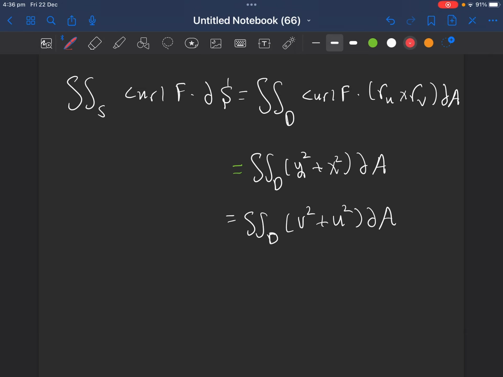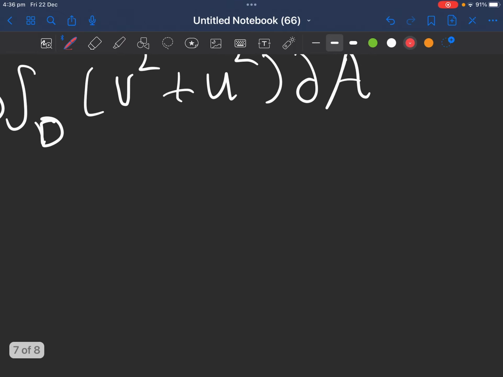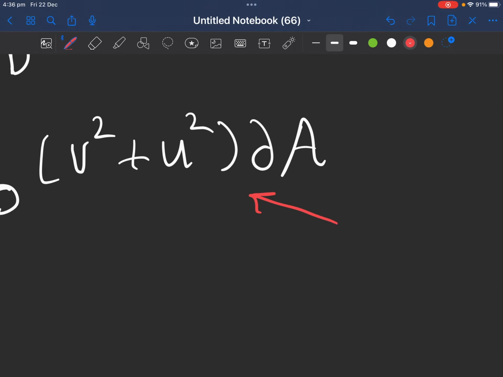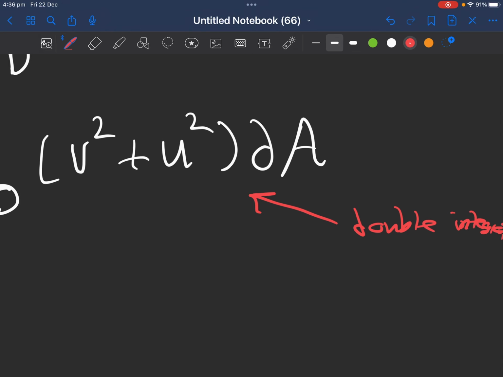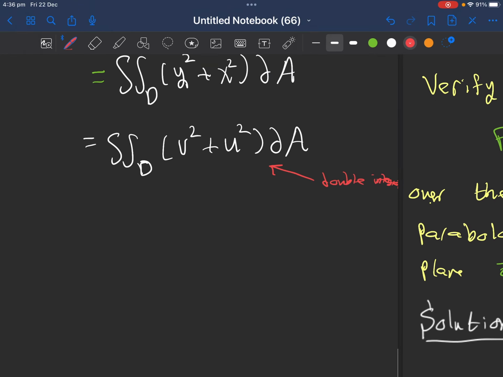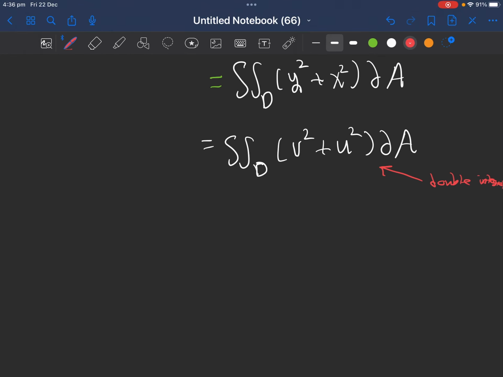Now, what we get, let me just write it down here. This is a usual double integral that we can find by knowing what type of region we have. Of course, the region, we already did it here.